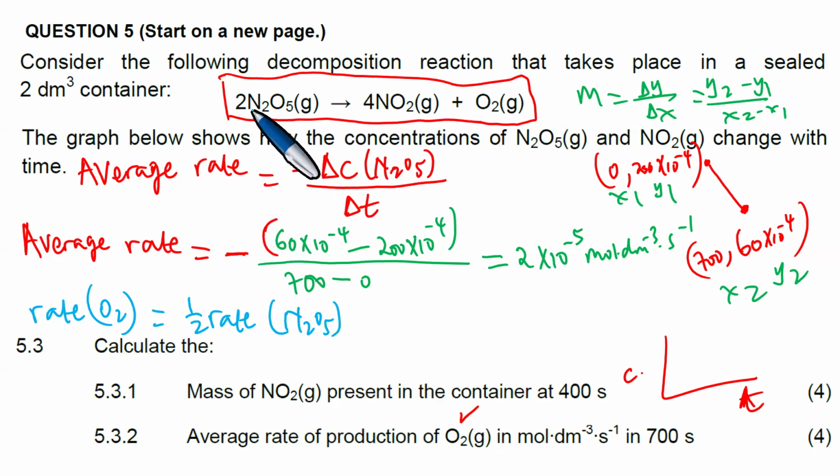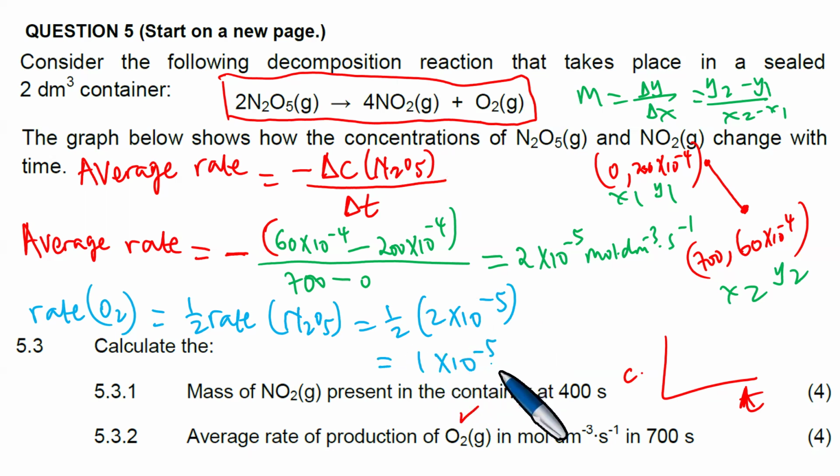When you take the rate of N2O5 and multiply it by 1/2, you get the rate of oxygen. What is the average rate of the N2O5? It is 2 times 10 to the negative 5. So half of that is 1 times 10 to the minus 5 moles per cubic decimeter per second. And this is the answer.